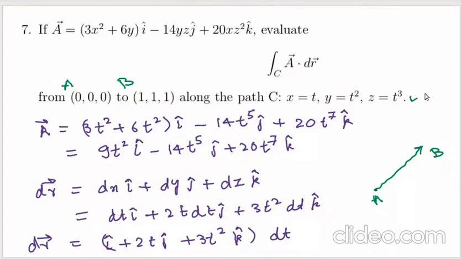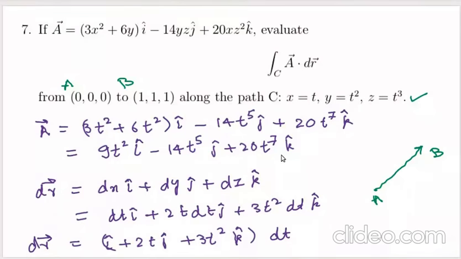So what can we do? Firstly, we can find this vector A in terms of t only by putting these values. If you put x as t, y as t squared, and z as t cubed, you will obtain A vector as 9t squared i cap minus 14 t to the power 5 j cap plus 20 t to the power 7 k cap.